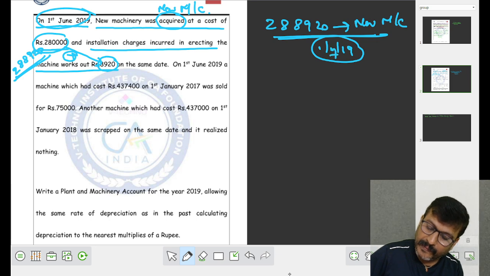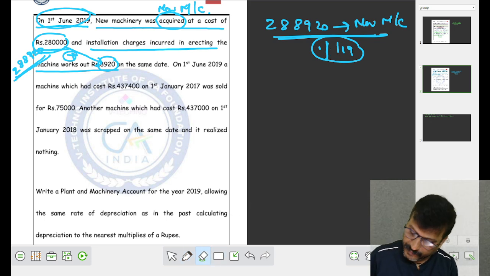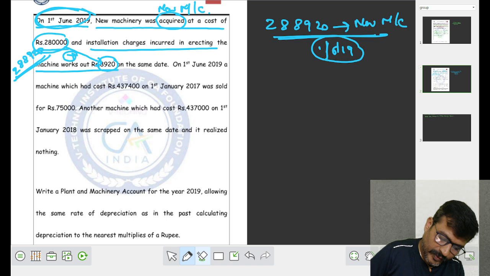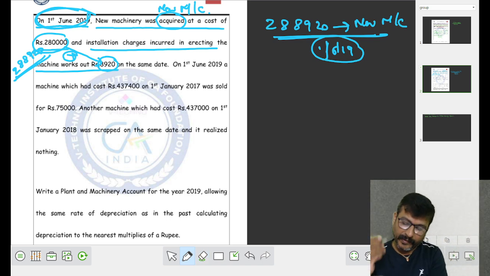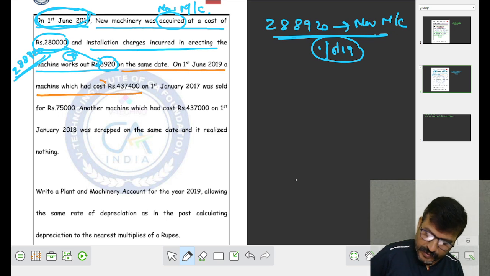When is it purchased? Sorry, not 1st July. It is purchased on 1st June 19, right? On the same date, please have a concentration, a machine which had a cost of 4,37,400 on January 17 was sold.